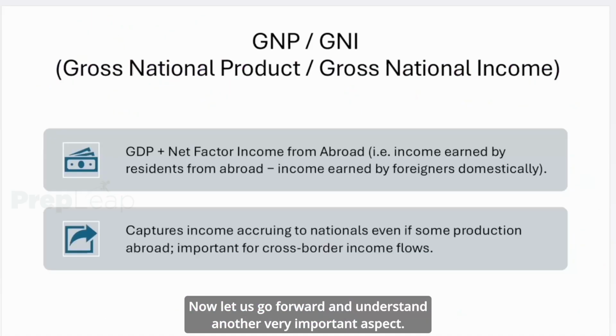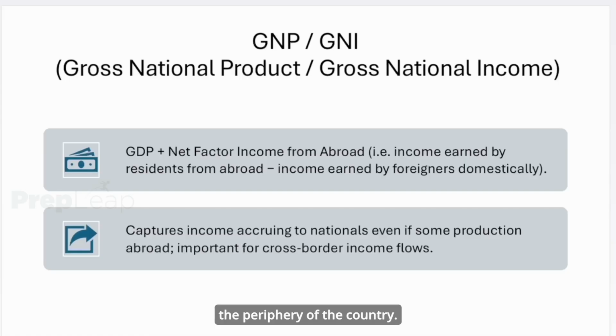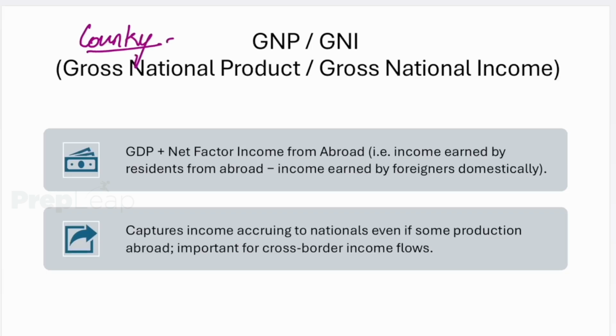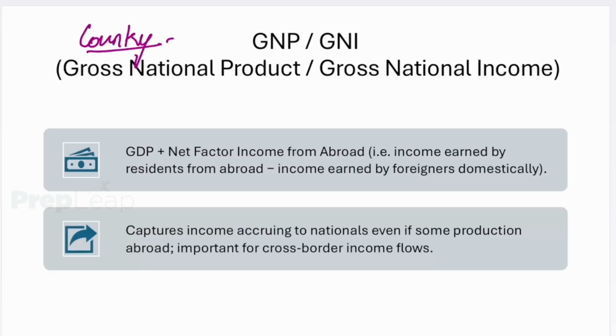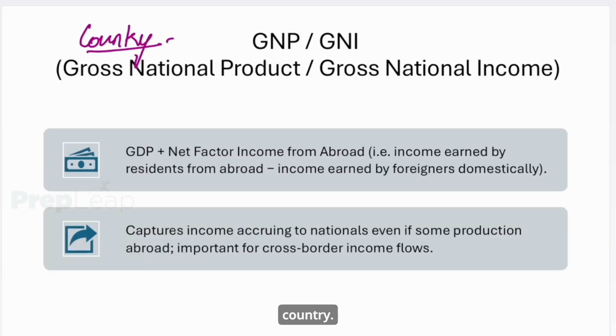Now let's go forward and understand another very important aspect. What we understood was gross domestic product, whatever is being produced within the periphery of the country. Now, all the people who are residing in a country may not be citizens or nationals of India. There may be some foreigners who are coming here and earning, though these foreign nationals will take the money back when they go back to their own country.